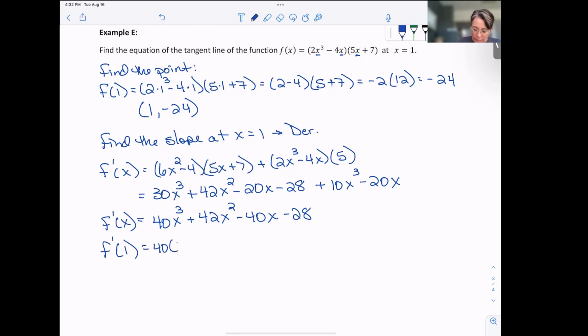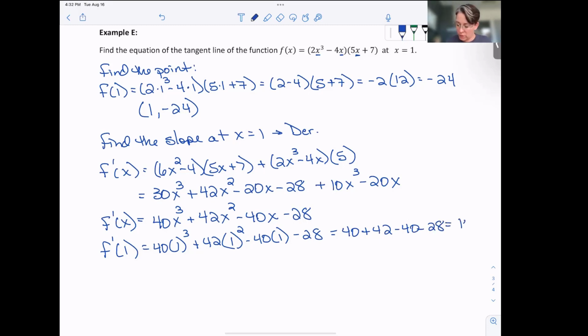So we have 40 times 1 cubed plus 42 times 1 squared minus 40 times 1 minus 28. So that gives us 40 plus 42 minus 40 minus 28, which will give us a 14. So that's our slope. So that's our m.